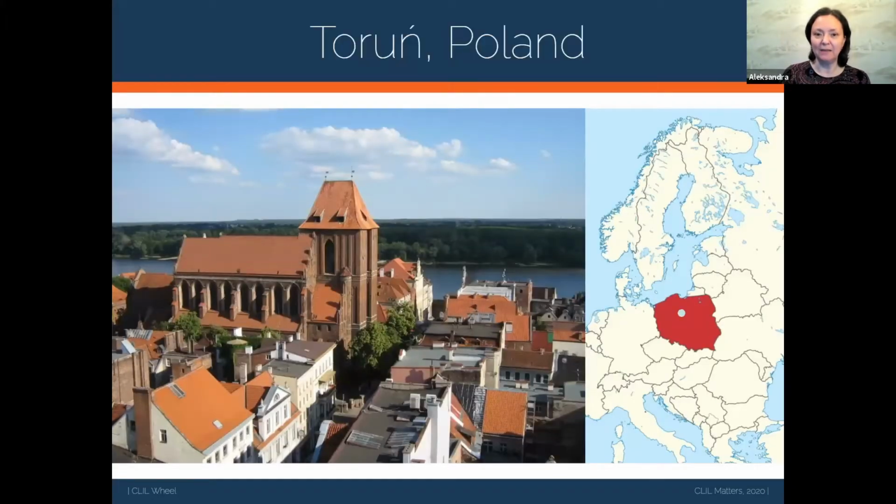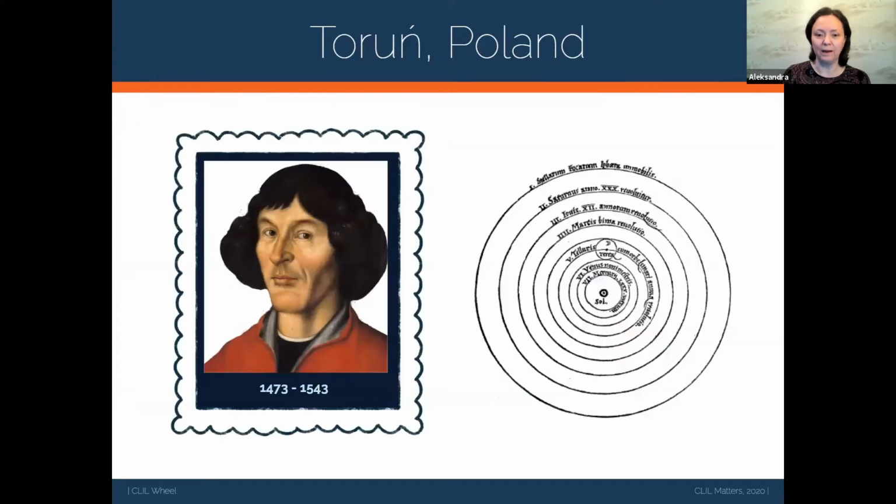As has been mentioned, I'm from Poland. This is the picture of my city, Toruń. You might not have heard about Toruń, but I hope you have heard about this guy. Nicholas Copernicus was born in Toruń, and I really like this connection because it also shows my connection to astronomy, because as a geography teacher, I had to teach about the solar system and the planets.